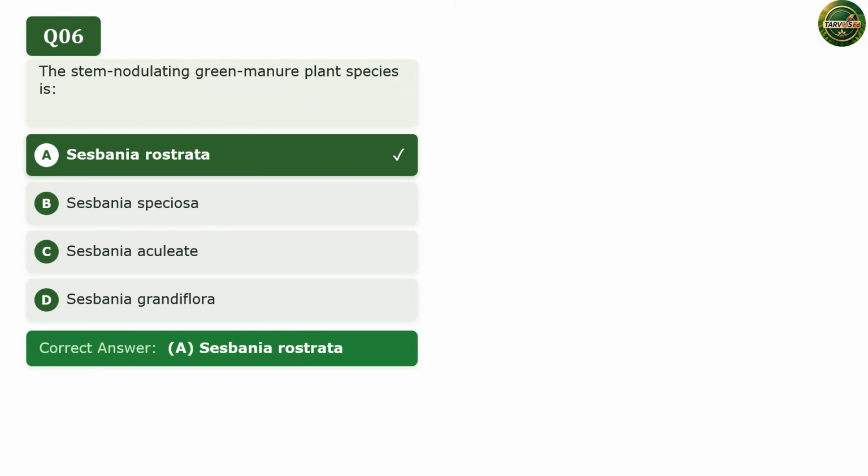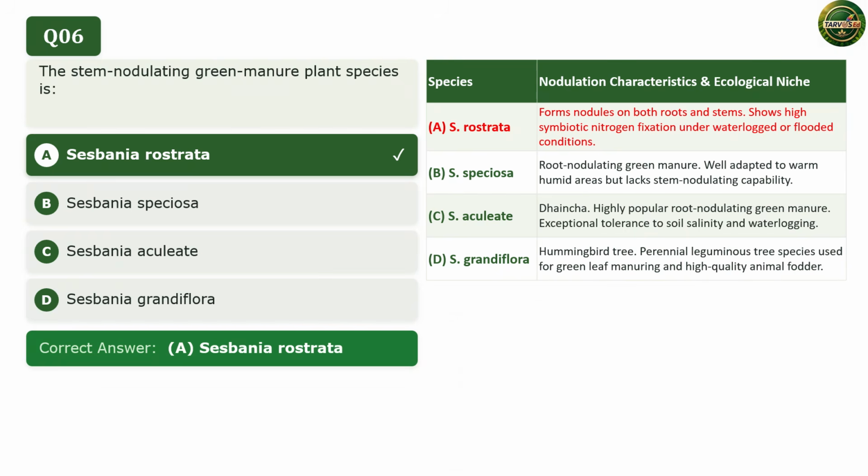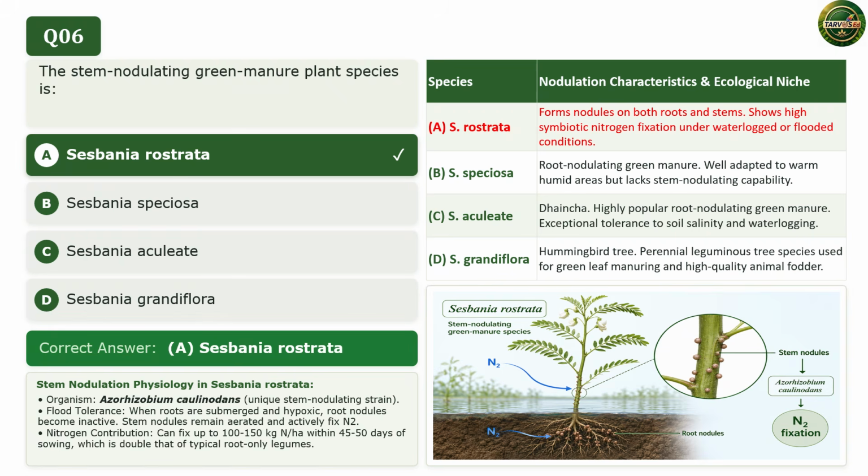The correct answer is option A, Sesbania rostrata. Sesbania rostrata forms nodules in both root and stem by association with a unique stem-nodulating strain called Azorhizobium caulinodans. In case of submergence or hypoxic condition, the root nodules will become inactive.